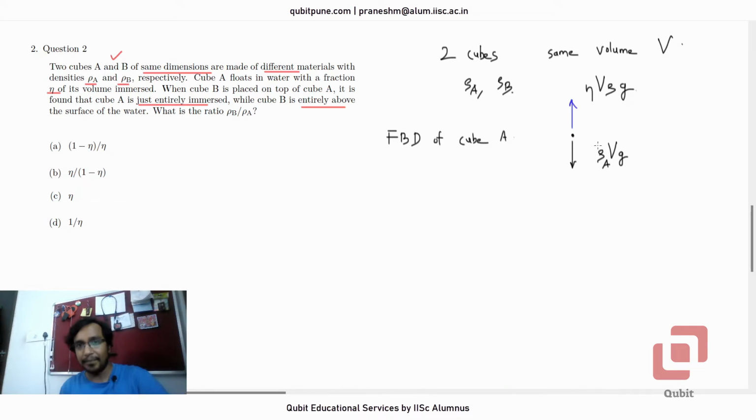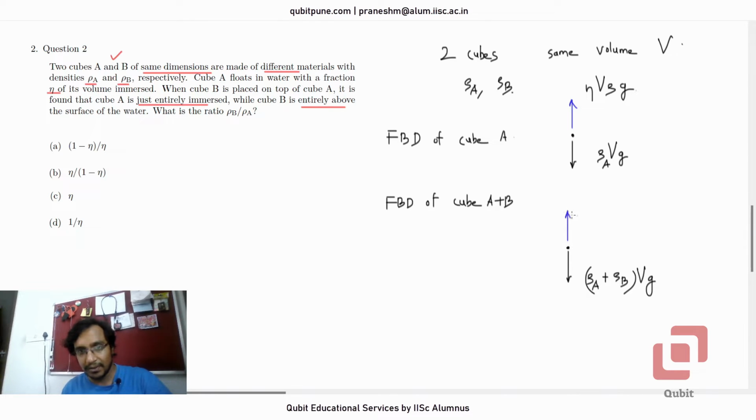Now if we draw the FBD of cube A plus B, okay, cube A plus B, then how much will be the total weight? Because they are of the same volume, the total downward force will be rho A plus rho B Vg. That is basically M A g plus M B g, right? In this case, what is the upward force?